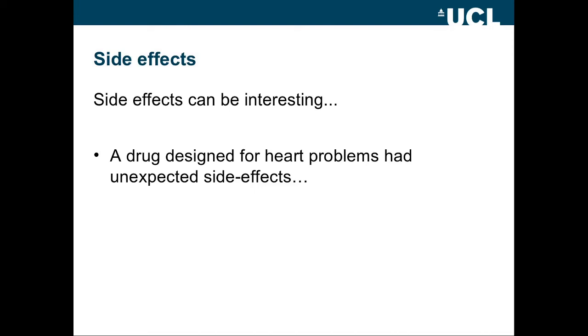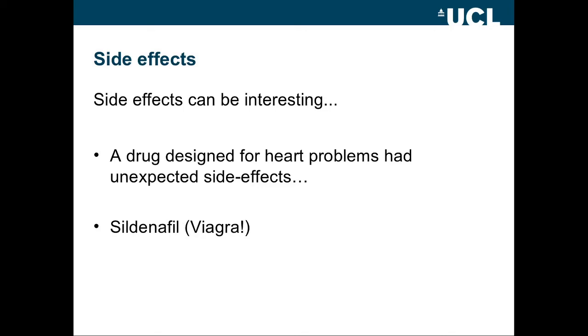So a lot of the patients that this was given to during trials were men in their 50s and 60s, and it turned out that it really didn't help with the angina at all. Now, these side effects ended up making the drug company Pfizer an awful lot of money, because this drug ended up being sildenafil or Viagra.